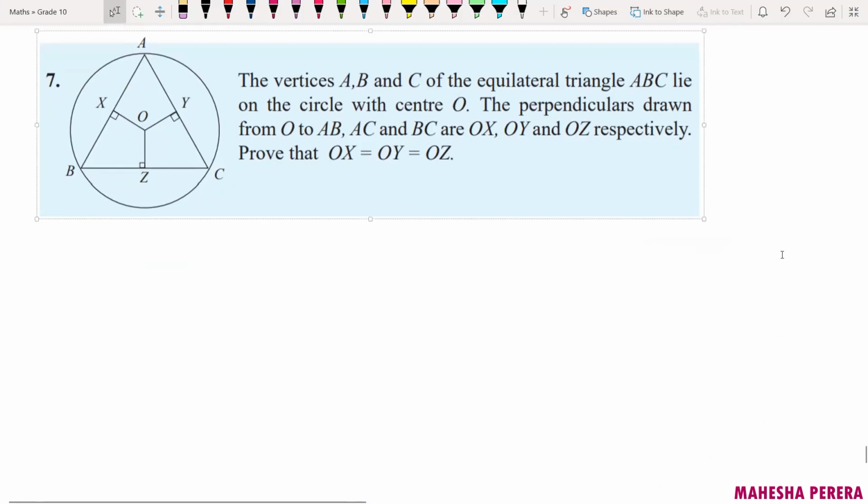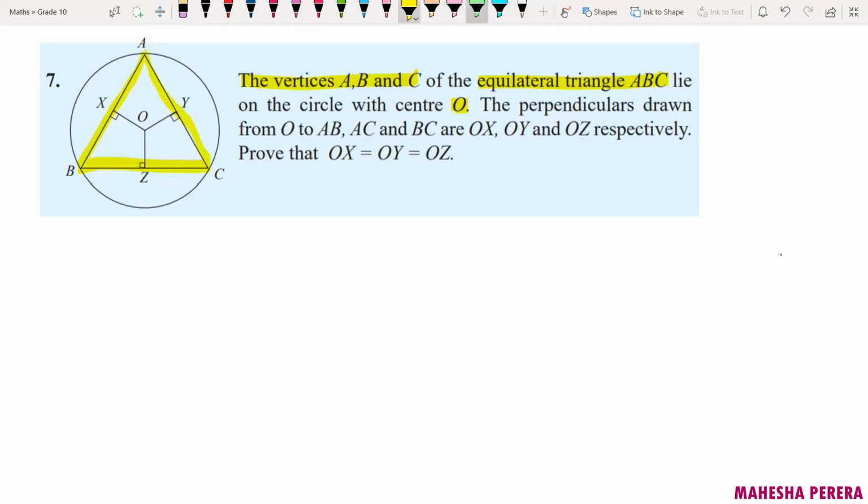Okay, let's read the next question. The vertices A, B, C of equilateral triangle ABC lie on the circle with center O. Right, this is our equilateral triangle.